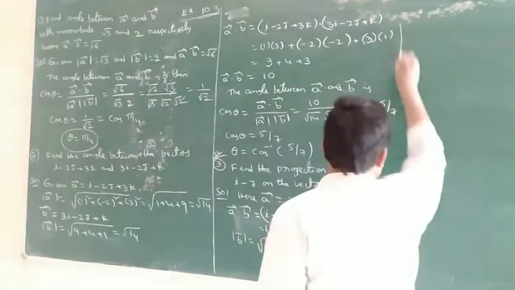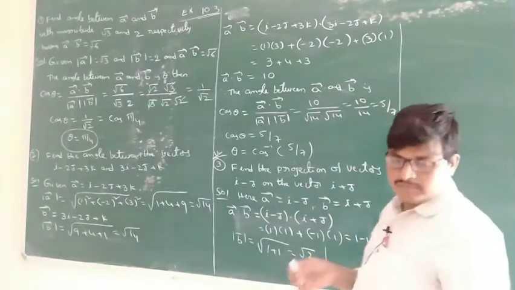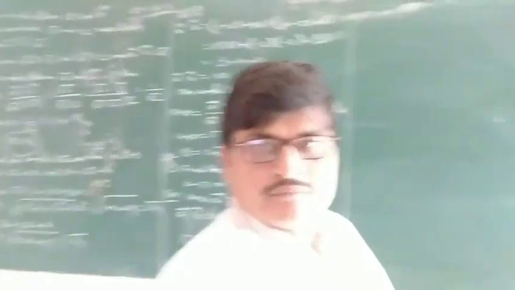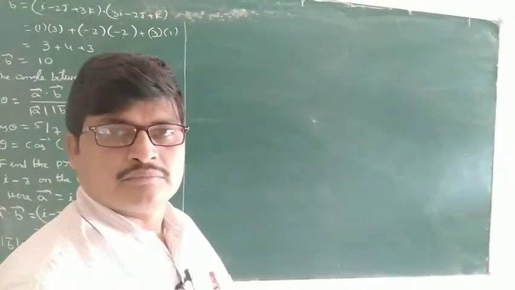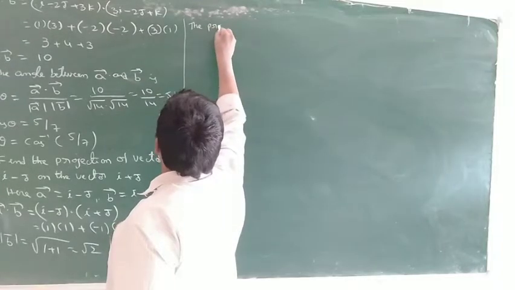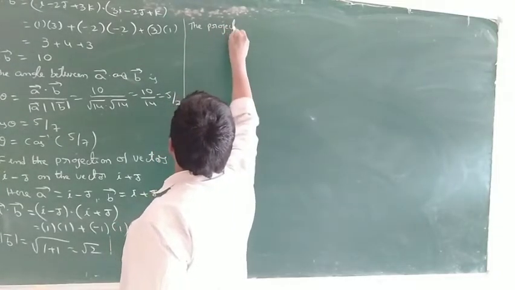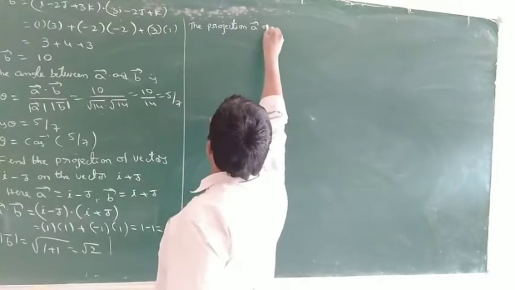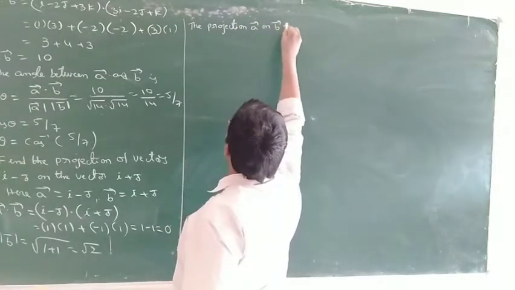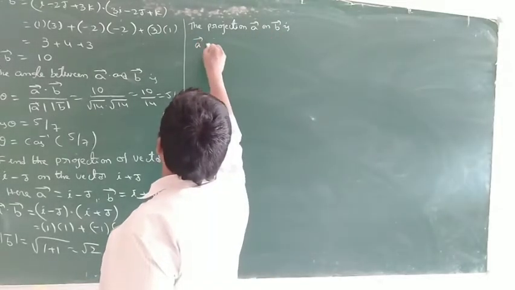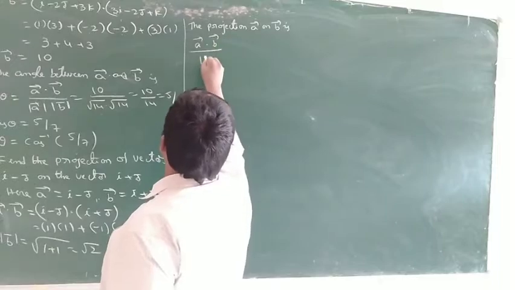So the projection of A bar on B bar is A bar dot B bar by mod B bar.